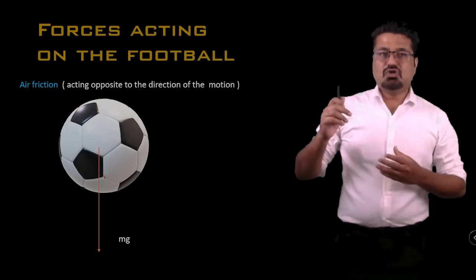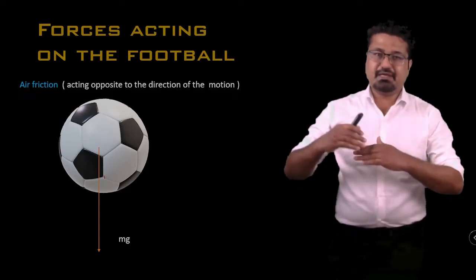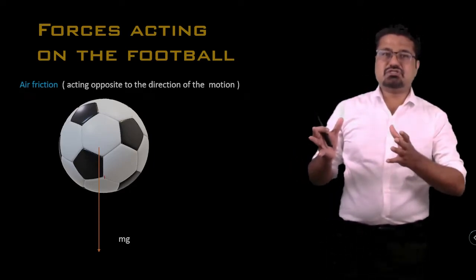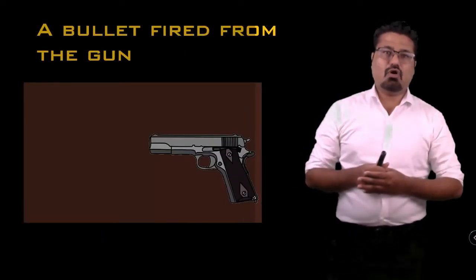Gravity acts towards the center of Earth, that is perpendicular to the plane in the downward direction, and the air resistance is acting opposite to the motion of the ball.